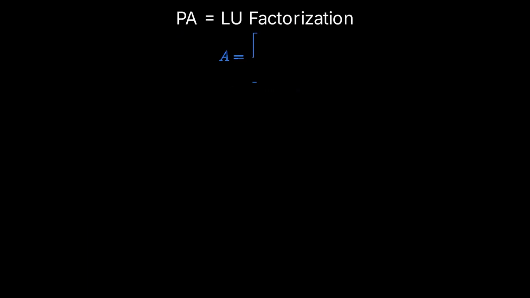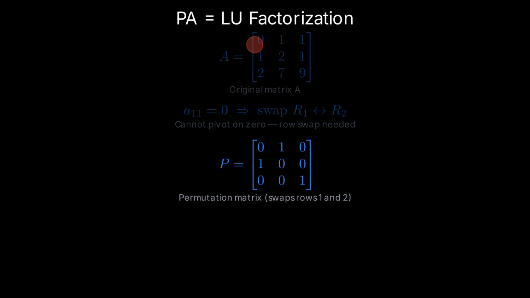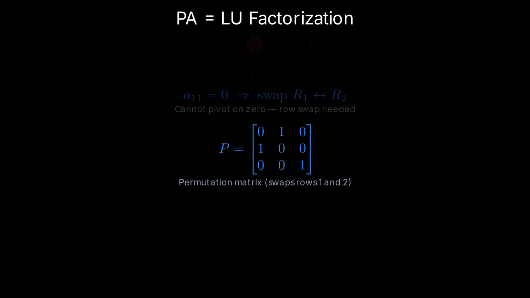Time for the complete factorization. We start with A equals the matrix with 0, 1, 1 in the first row, 1, 2, 1 in the second row, 2, 7, 9 in the third row. Notice that the 1, 1 position is 0, which means we cannot pivot on it directly. So we swap rows 1 and 2. The permutation matrix P for this row swap is 0, 1, 0, 1, 0, 0, 0, 0, 1.